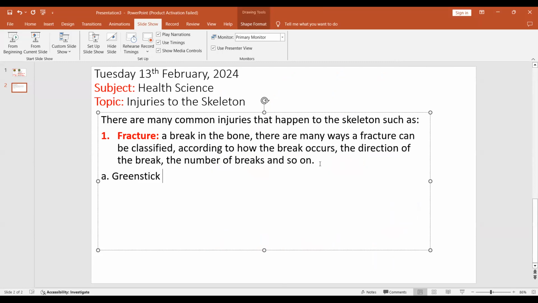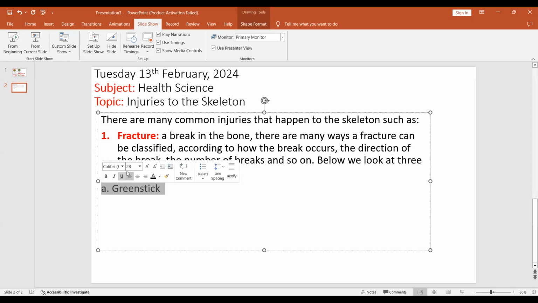Below we look at 3 types of fractures, but we know that there are more, right? So green stick, that's the little one, not so bad, a mild one, at least relative to the others.